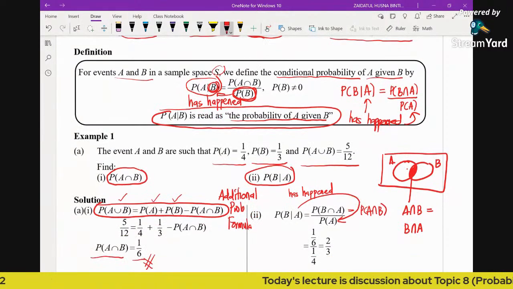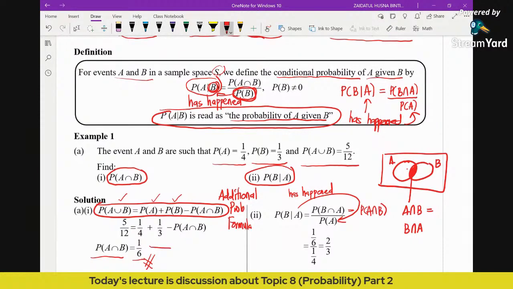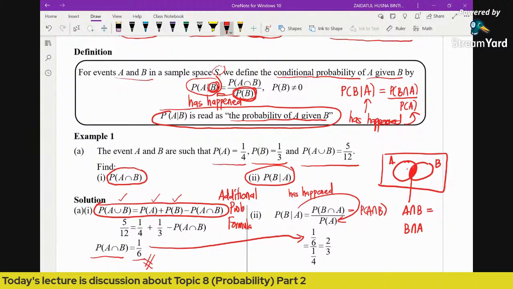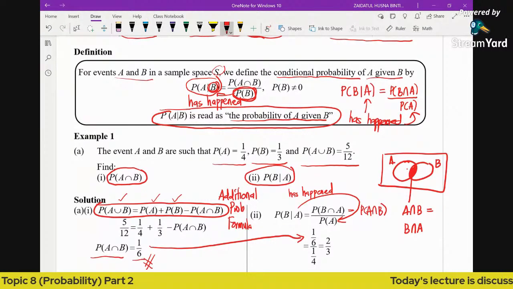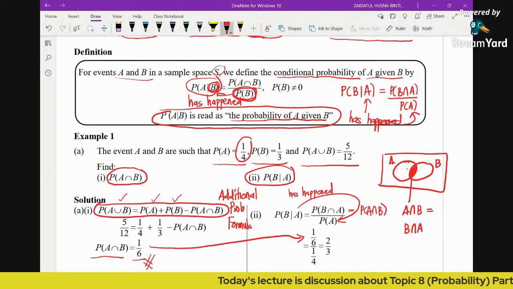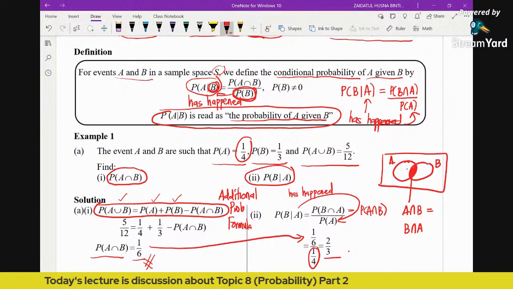We can just take our previous answer and bring it here. The formula is probability of B intersect A divided by probability of A. We have the probability of A as 1 over 4, so we write it down, press the calculator, and this is the answer.